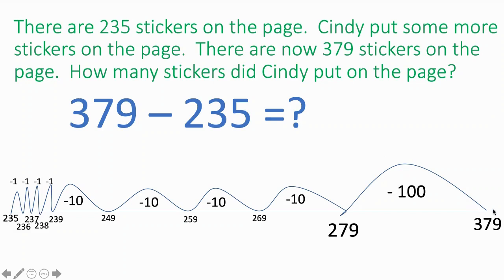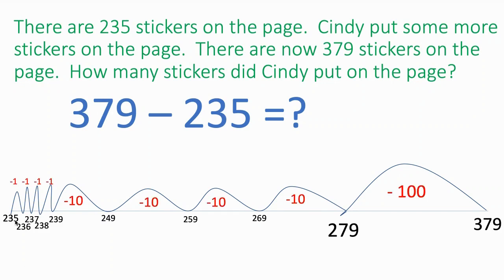So let's review. We started at 379. We took away 100, 279. Take away a 10, 269. Take away another 10 because we're not at our next number yet. 259, 249, 239. And then we took away 1, 2, 3, 4 and ended at 235.